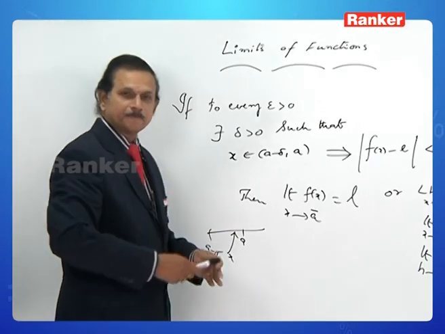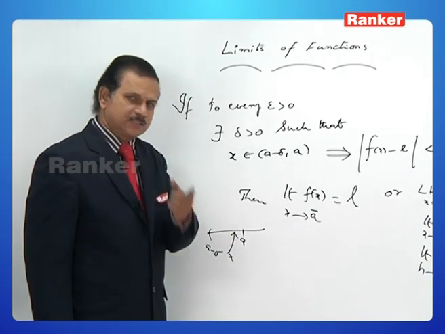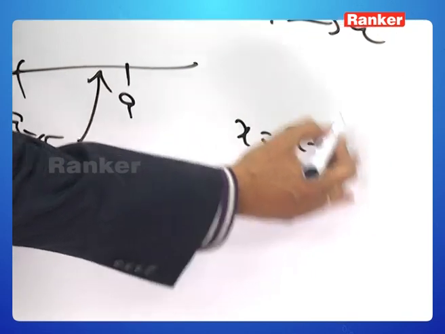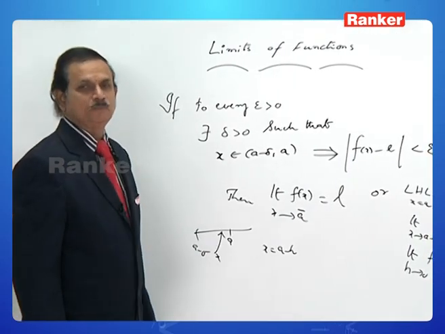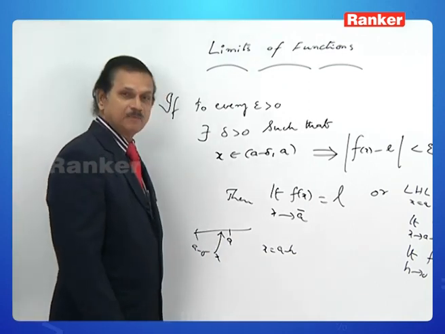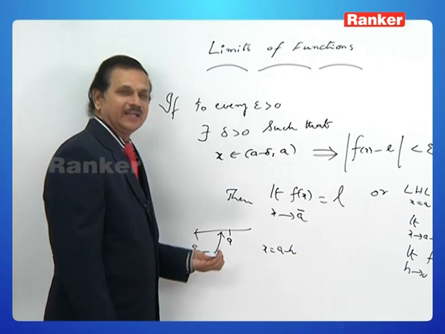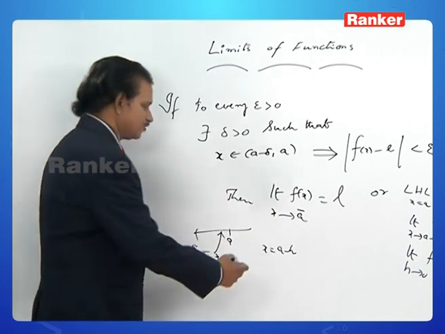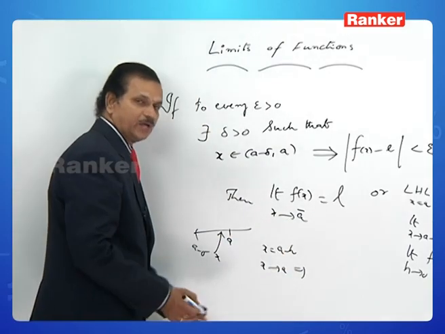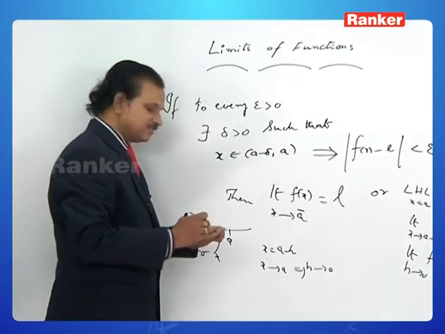Let this be some x. x is behind a, so x is less than a surely. x is less than a means x is equal to a minus h for some positive number h. h is basically a positive number, and a minus h is strictly less than a. We are able to use a minus h in place of x because x lies behind a. But we want to write x tends to a, isn't it? x tends to a means a minus h tends to a, means minus h tends to 0, that is, h tends to 0.